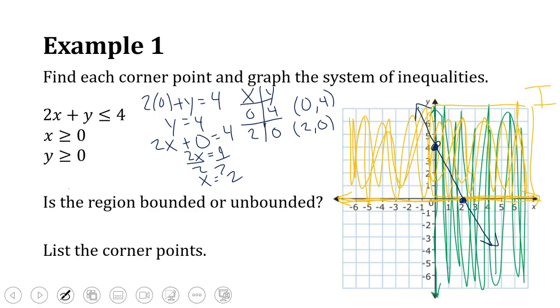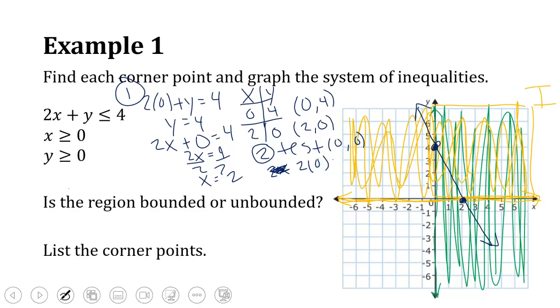Now we need to figure out which way we are shading, under it or above it. That's our first step, our intercepts. Our second step is our test. I'm going to use my 0, 0 for my test point. Use your original equation, so instead of x and y, plug in your zeros.